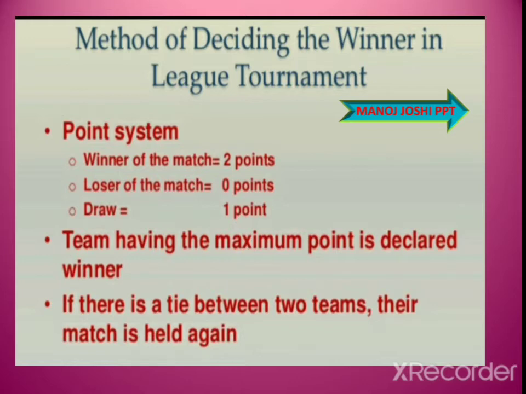For winning a match, 2 points are given to a team. If the team loses the match, 0 points. If there is a draw between two teams, 1 point is given to each team. This way, at the end of the league round, the total points are counted, and the team having maximum points is declared winner.